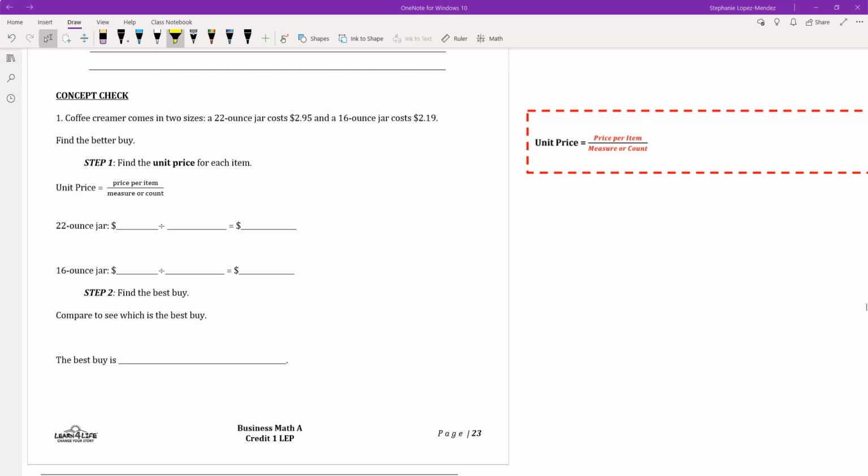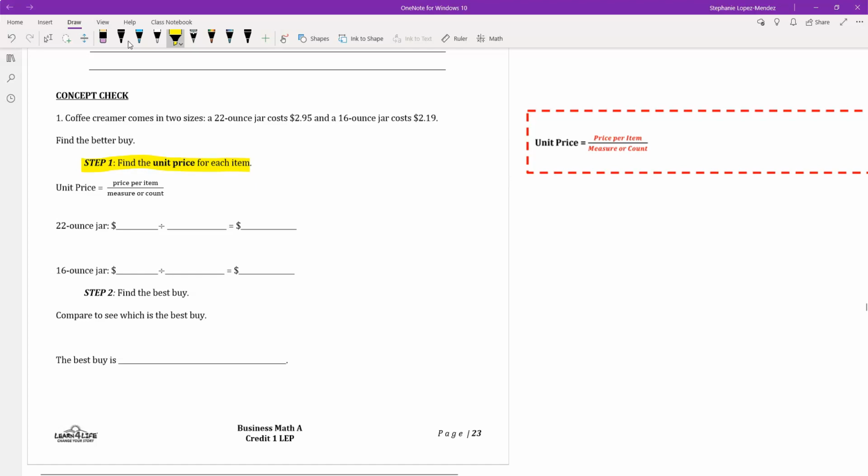How are we going to do that? Again, comparing the prices. So on step number 1, we need to find the unit price for each item. We are using our formula of unit price equals price per item divided by measure or count.